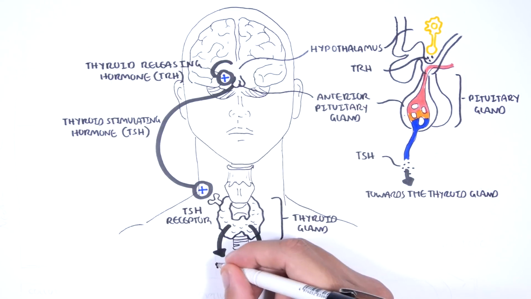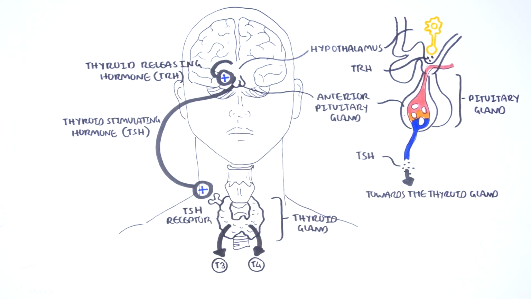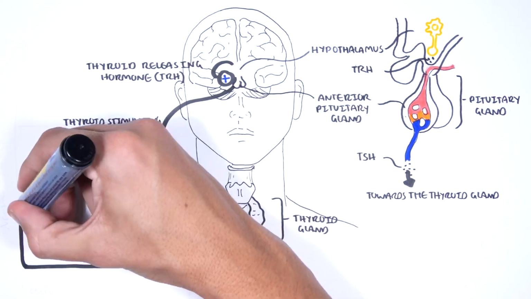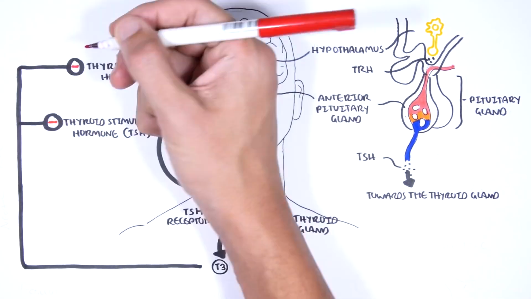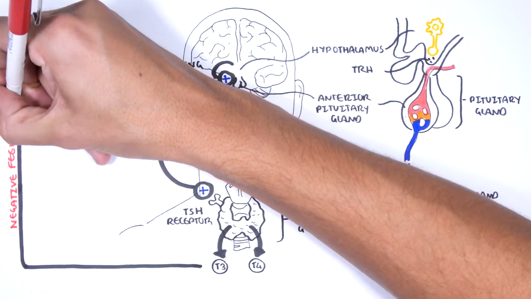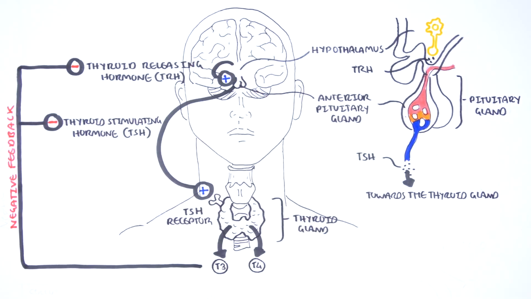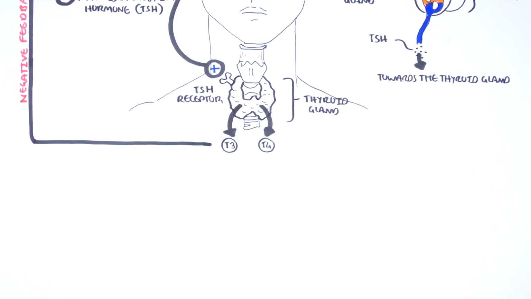The thyroid hormones are triiodothyronine, T3, and thyroxine, T4. These thyroid hormones control the secretion of TRH and TSH by negative feedback to maintain the physiological levels of the main hormones of the hypothalamic pituitary thyroid axis. In hyperthyroidism, there's elevated circulating thyroid hormones, which means there will be a negative feedback loop causing a decrease in TRH and TSH.